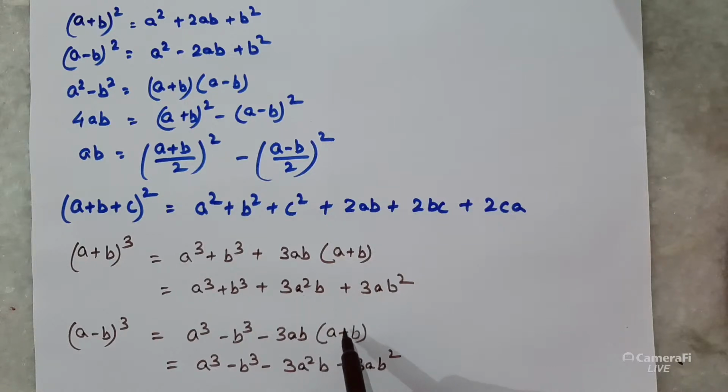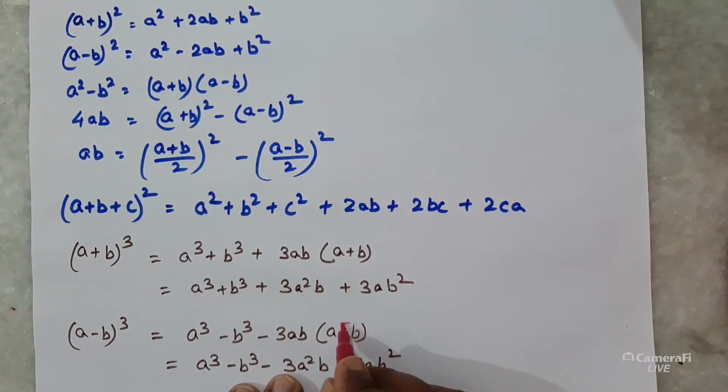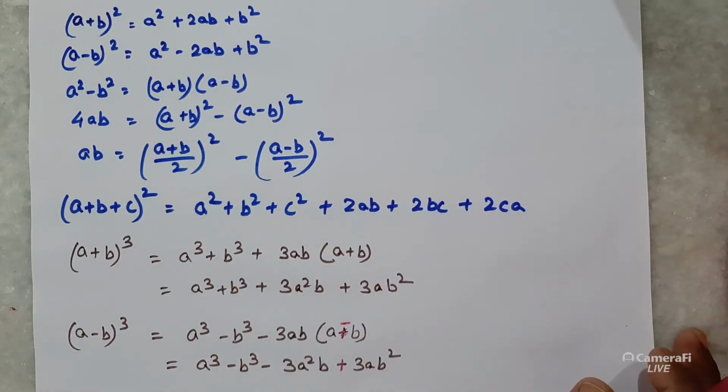This will be minus 3ab into a minus b, and that makes this a plus. Okay, a cube minus b cube minus 3ab into a minus b, that is a cube minus b cube minus 3a square b plus 3ab square. Okay.